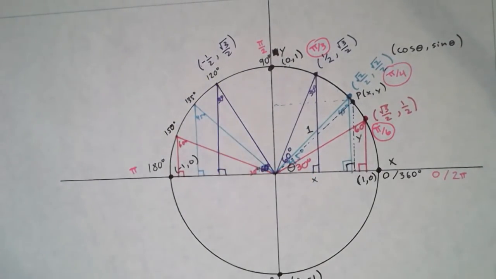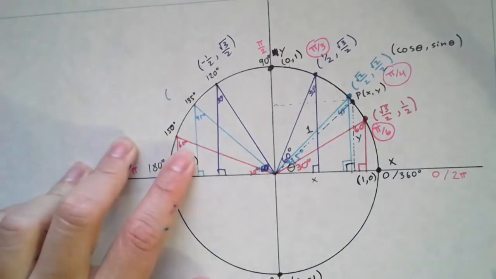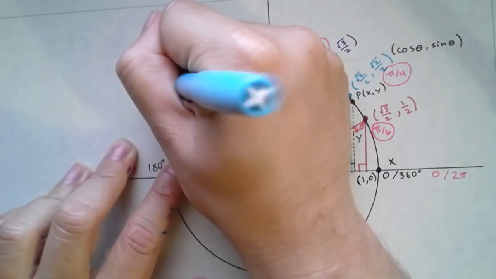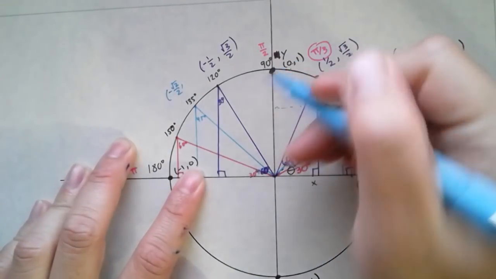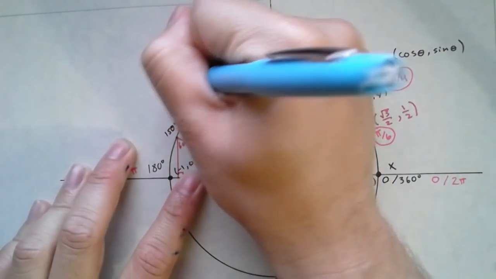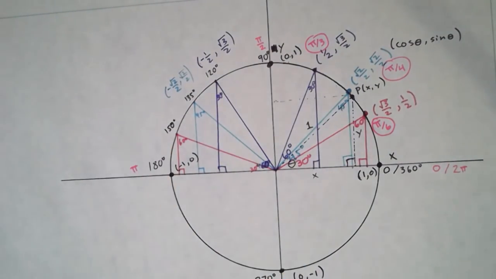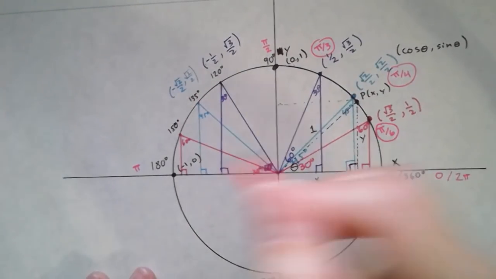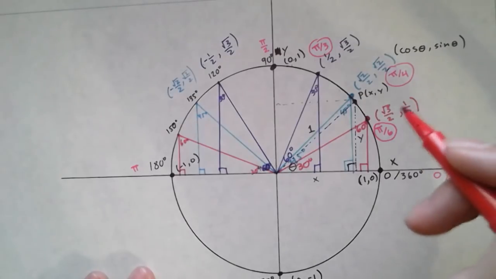And then here, this blue one, okay, you're going to have negative square root of 2 over 2, again, because you're in the negative x-axis, but the y is still in the positive side, so it stays the same, radical 2 over 2. And then finally, for 150 degrees, and you can verify in your calculators for all these values, and you'll see, again, negative x value, but the y value stays the same.